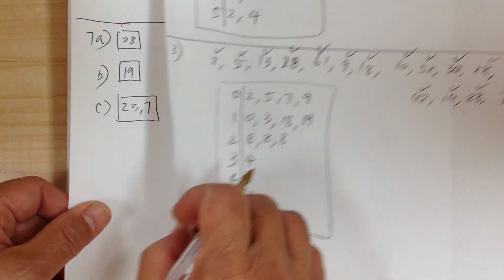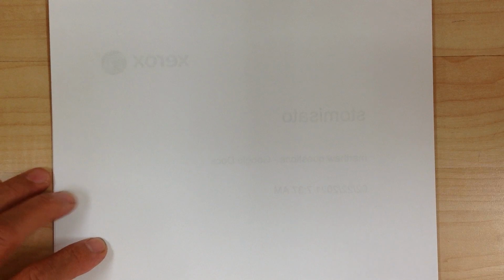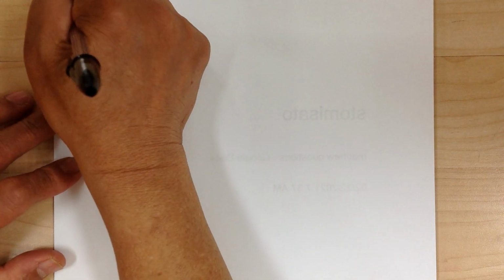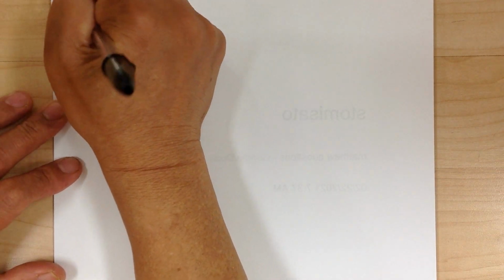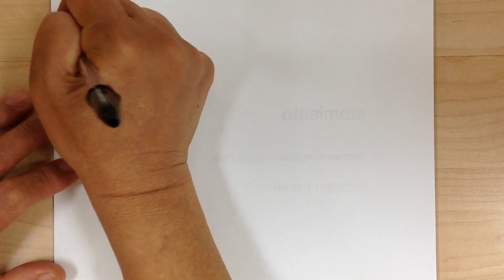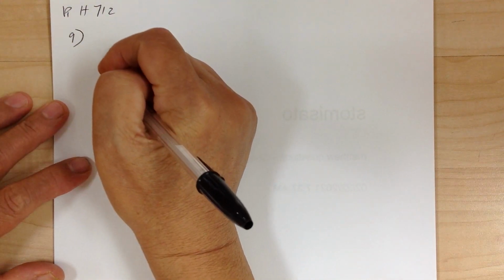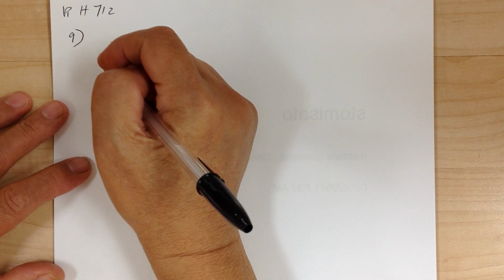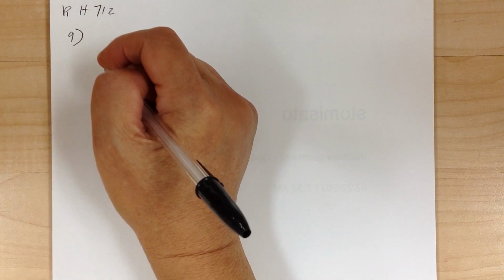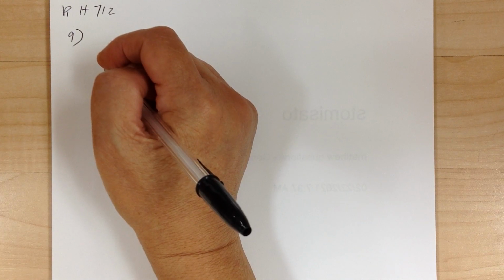Okay, let's go to number 9. The frequency distribution of the heights over here.